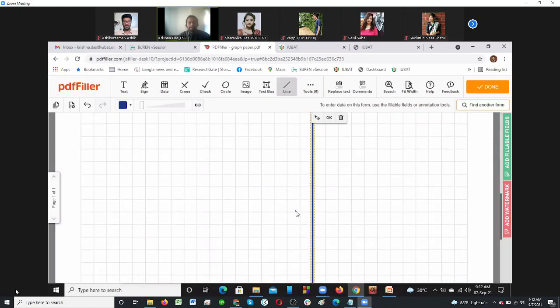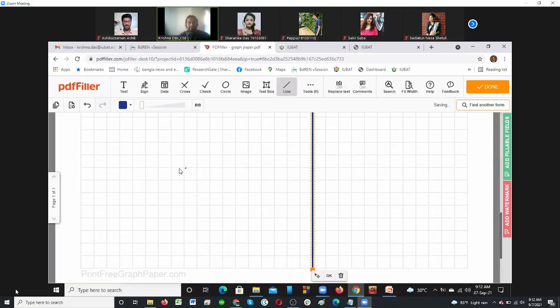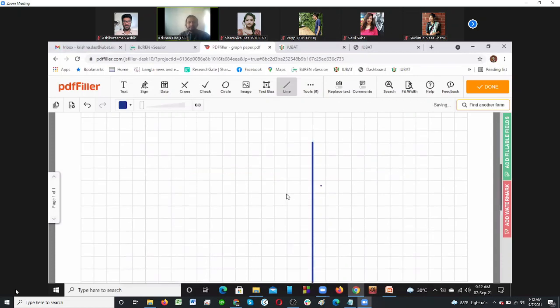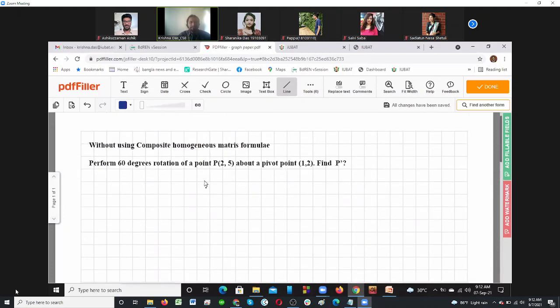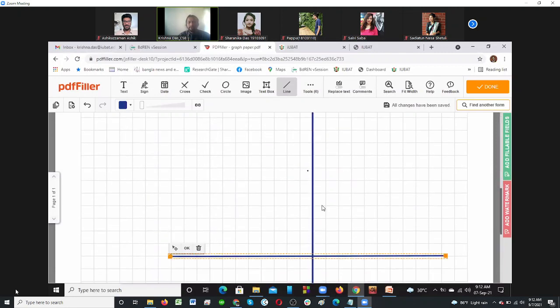So this is my y-axis, and this is my x-axis. Now let us plot those points first, then we are going to check. The point given is P (2, 5).